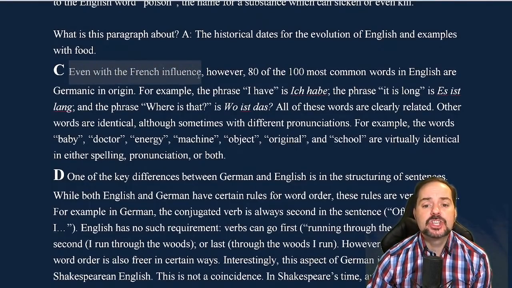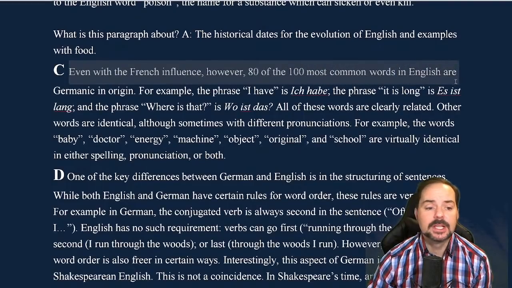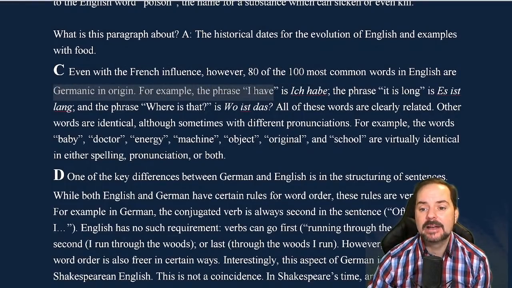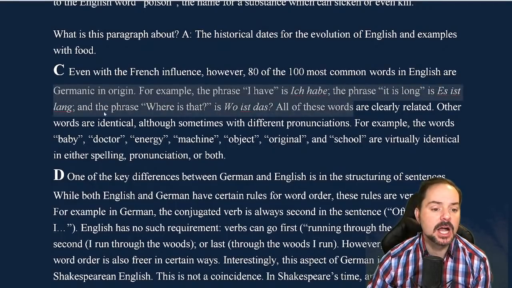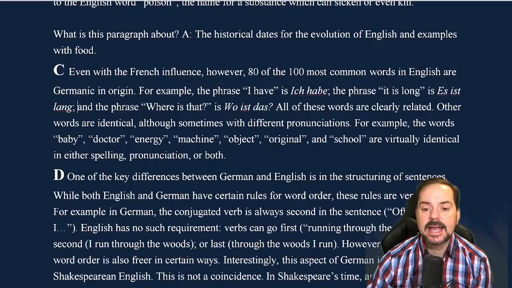Even with the French influence, however, 80 of the 100 most common words in English are Germanic in origin. For example, the phrase I have is ich habe. The phrase it is long is echt ich lang. And the phrase where is that, who is das? All of these words are clearly related.